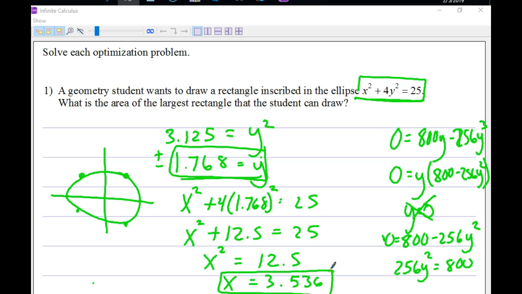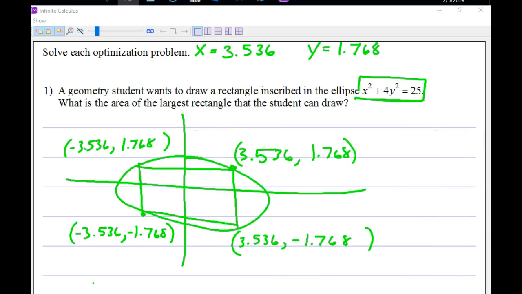But remember, they're actually asking us to find the area of the rectangle. Okay, so what I've just found is the coordinates. This x value is 3.536. I'm going to redraw it so it's a little bit bigger. Let me write out my x and y values here a little bit.